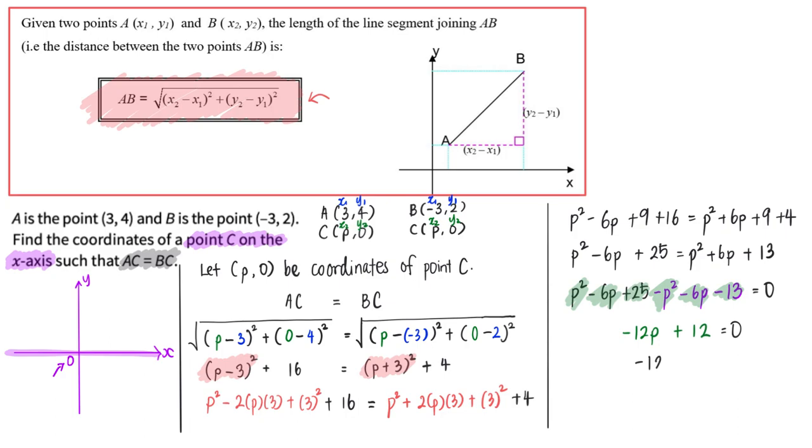I will have negative 12P equals to, going to minus 12 on both sides, so that I will have negative 12 here. And finally, the final answer for P would involve me dividing by negative 12 on both sides, so that I will get the value of P equals 1, and therefore the coordinates of C for this particular question, C will be 1, 0.